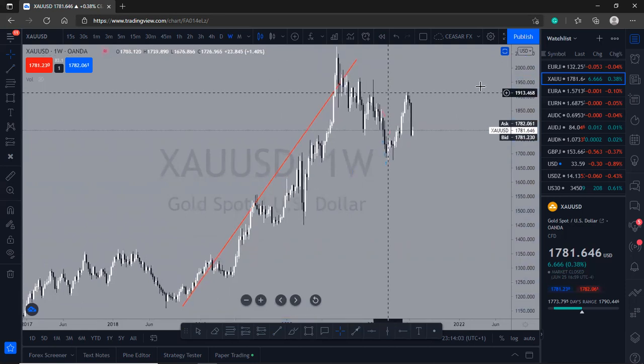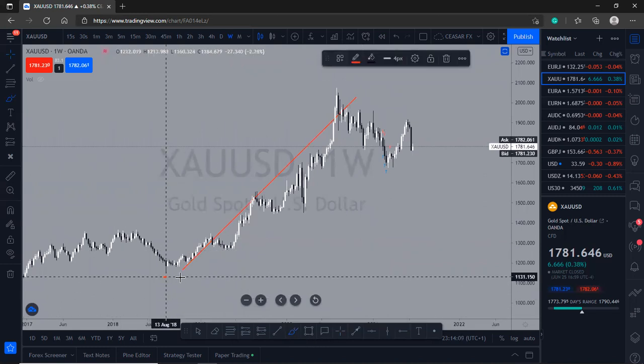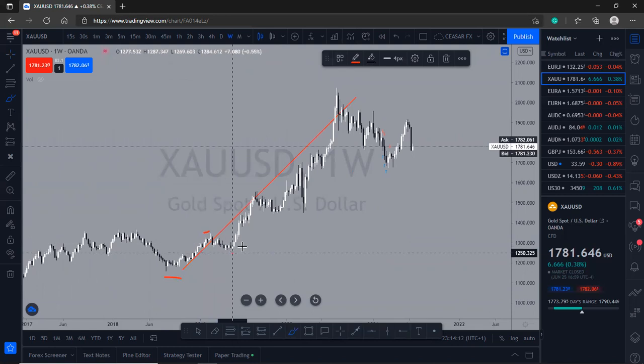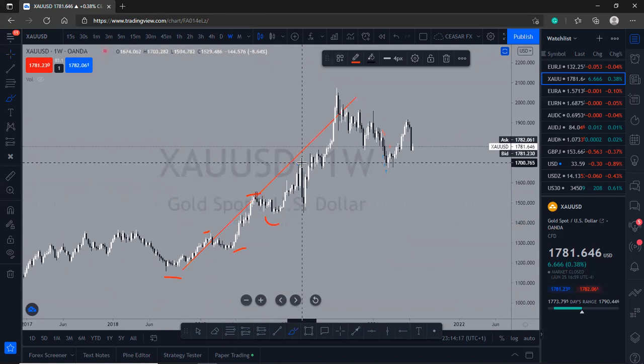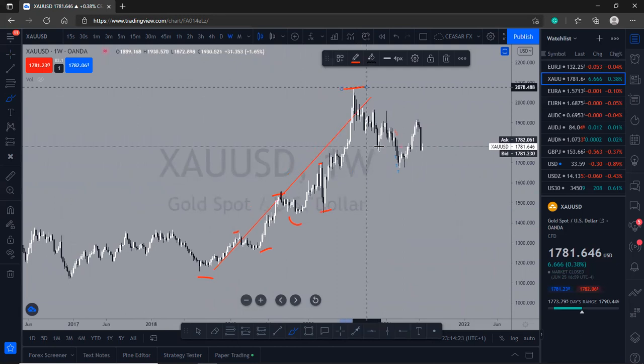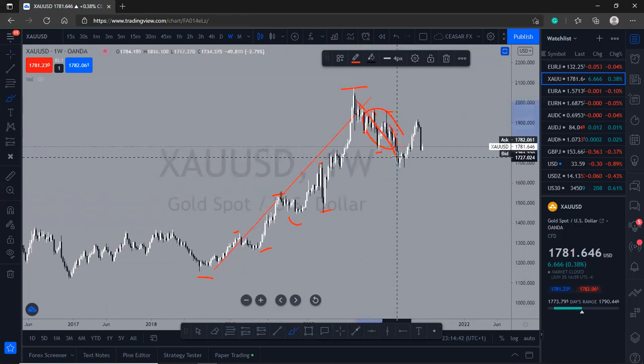Here we had a higher low, higher high, higher low, higher high according to weekly, and also this higher low. These lower highs and lower lows are just minor structures, but this one is just a pullback.